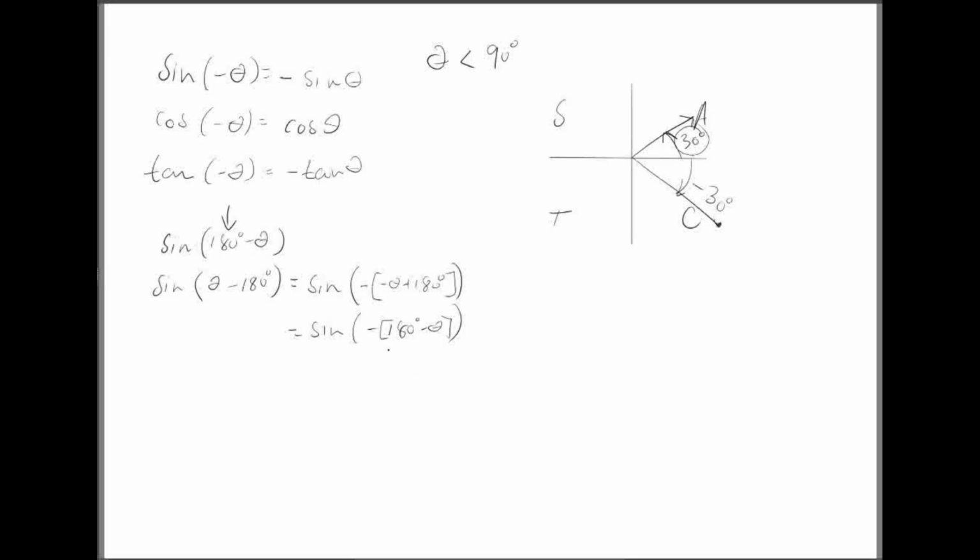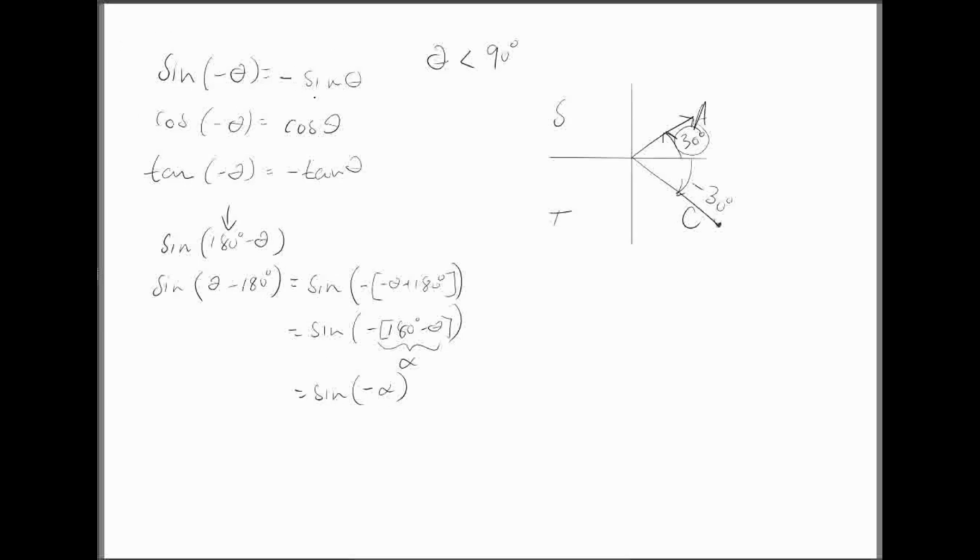But this is a minus in front of a bracket, so I'm confused again. But let's remember the reduction. In fact, let's replace this with something else, alpha. So now what I actually have is sine of minus alpha. Sine of a negative angle, we go up here.